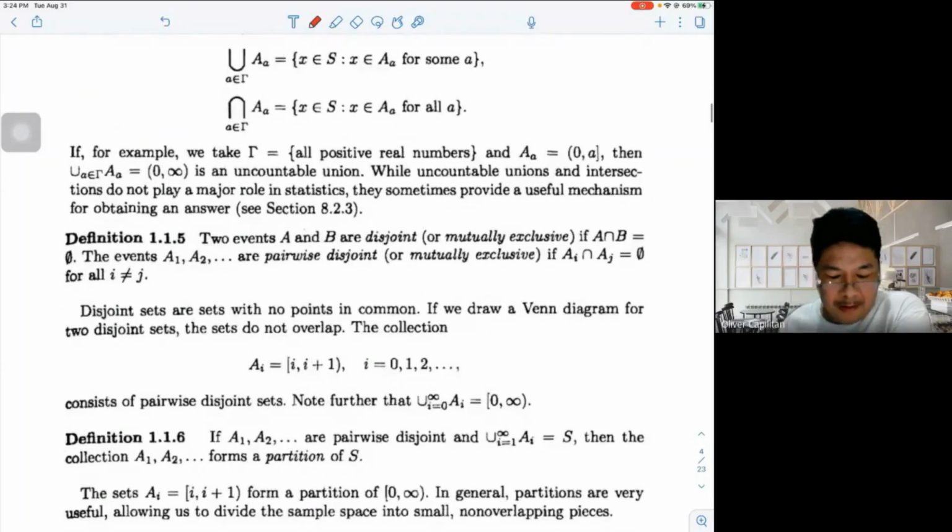Okay, we have here an important definition for two sets to be mutually exclusive or disjoint if the intersection of these two sets is equal to an empty set.